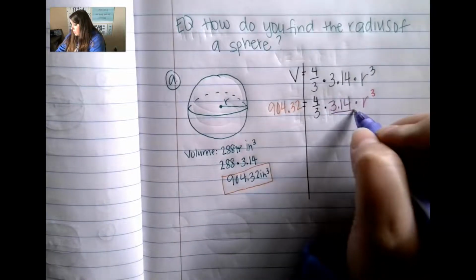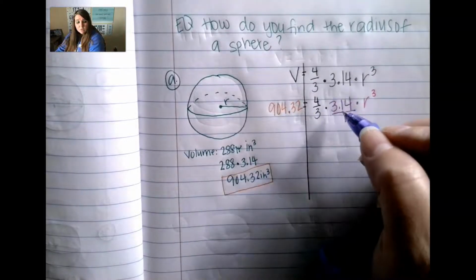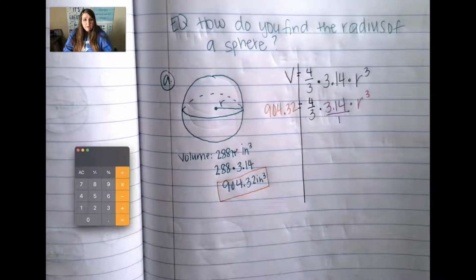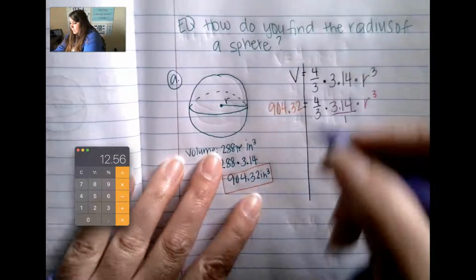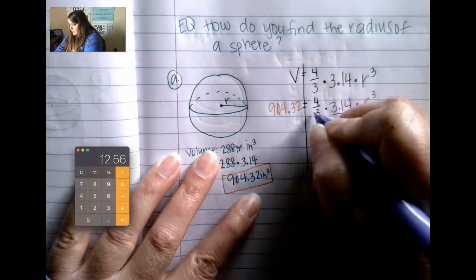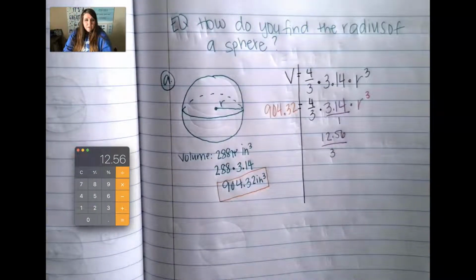So we're going to put a 1 underneath it, and then we're just going to multiply 4 times 3.14. So let's take out our calculator again, and we're going to do 4 times 3.14. And that gives us 12.56, and we want to divide that by 3. Divide it by 3 because 3 times 1 is 3.